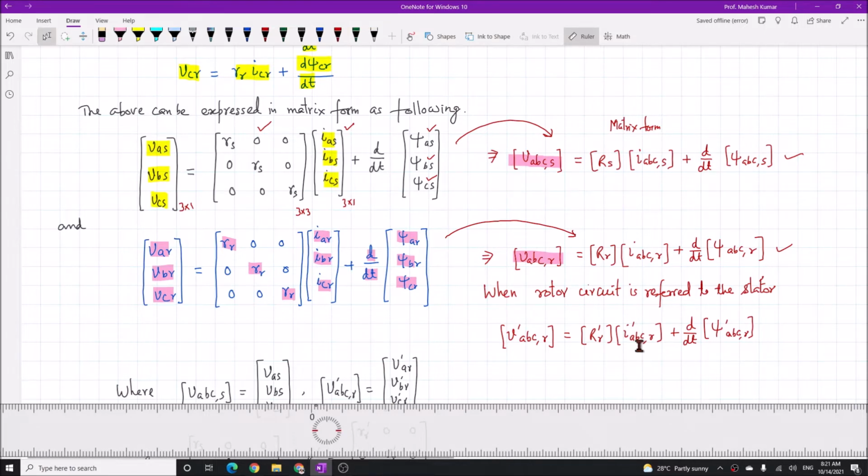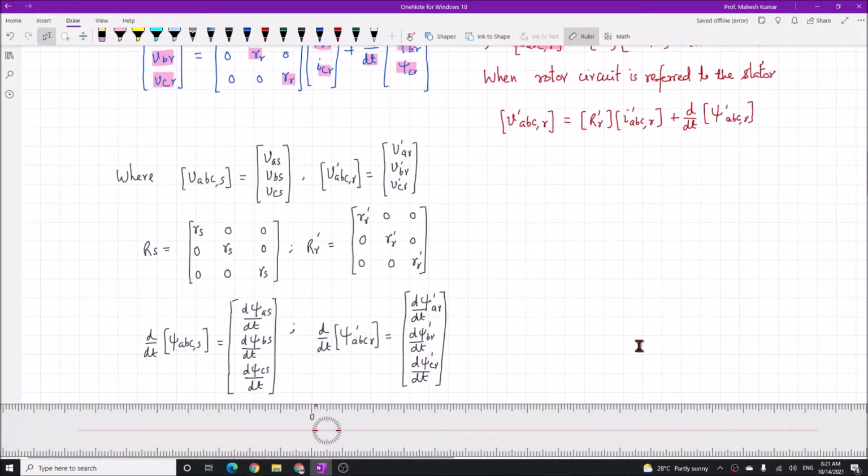And then these variables become like this, that V dash ABCR consists of V dash AR, V dash BR, V dash CR. This is R dash R, and this is d by dt of psi dash ABCR.